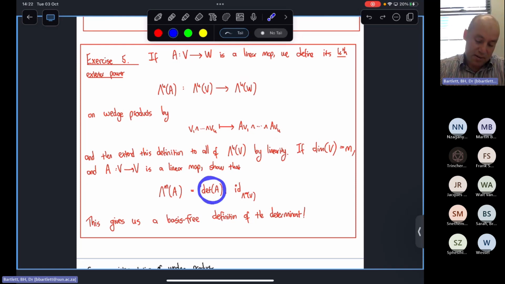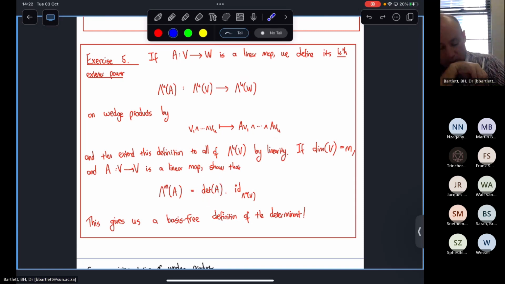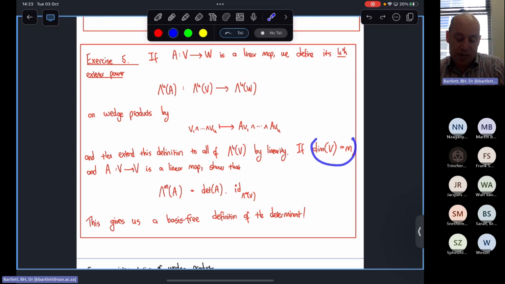Then the exercise was to show that we can express the concept of the determinant of a linear map from a vector space to itself, which is something we do in undergraduate maths, in this language of exterior powers. So if the dimension of your vector space is m, then you can take its top exterior power. Why do I say top exterior power?